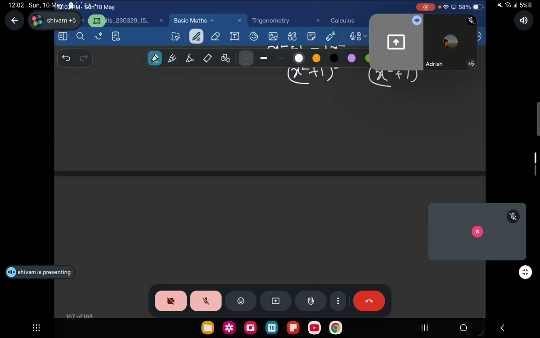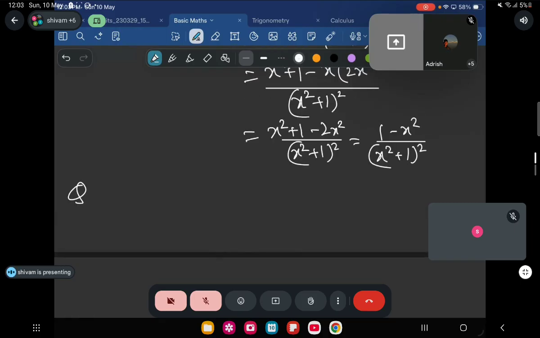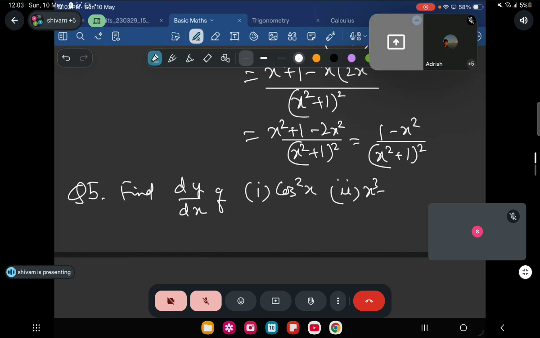Okay, last set of problems. Try it out. Question number 5. Find dy by dx of: number 1, cos square x; number 2, x cube minus 3 to the power x; number 3, sin 3x; number 4, tan of tan inverse x. Once you solve all, then only show.